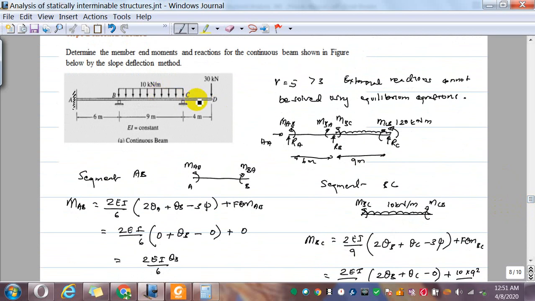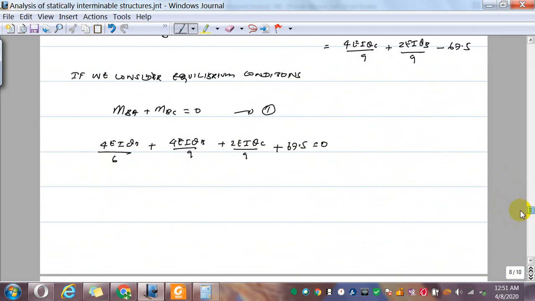that at C, MCB plus 120 is 0. So MCB, I put 120 because it's counterclockwise.